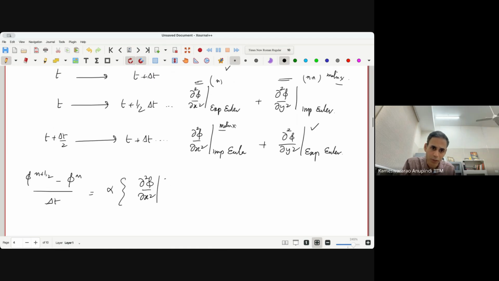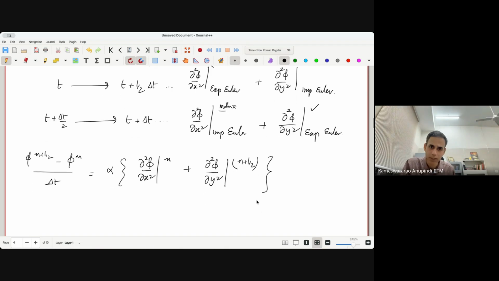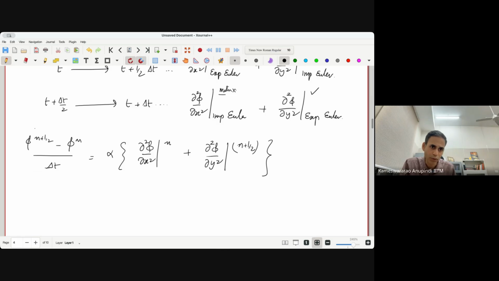So we need n values, and then dou square phi by dou y square using implicit Euler. So we need these values at n plus half. This is required at n plus half. This is at n. This is n. So that means these terms will go to the left hand side and they make a tridiagonal matrix. So they basically make a TDMA matrix.